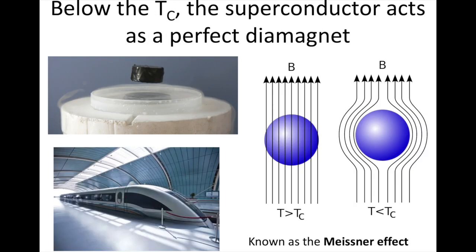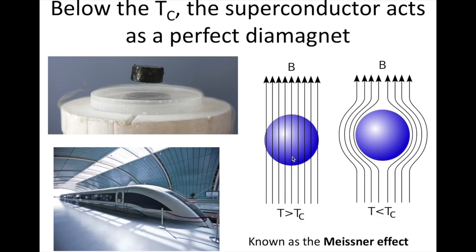All right, and so because of this magnetic flux density being 0, like I mentioned earlier, this has a result of making superconductors perfect diamagnets. What that means is that normally the applied magnetic field would go through our sample, like we see here.